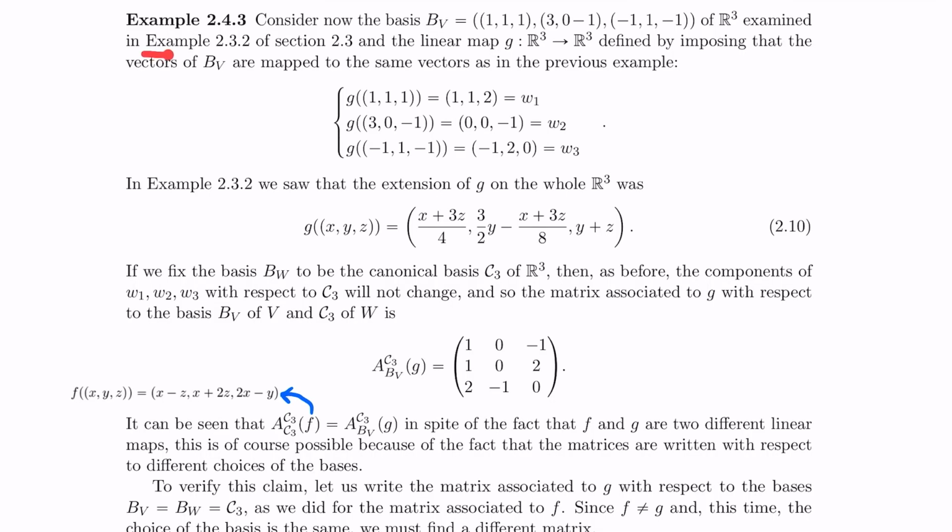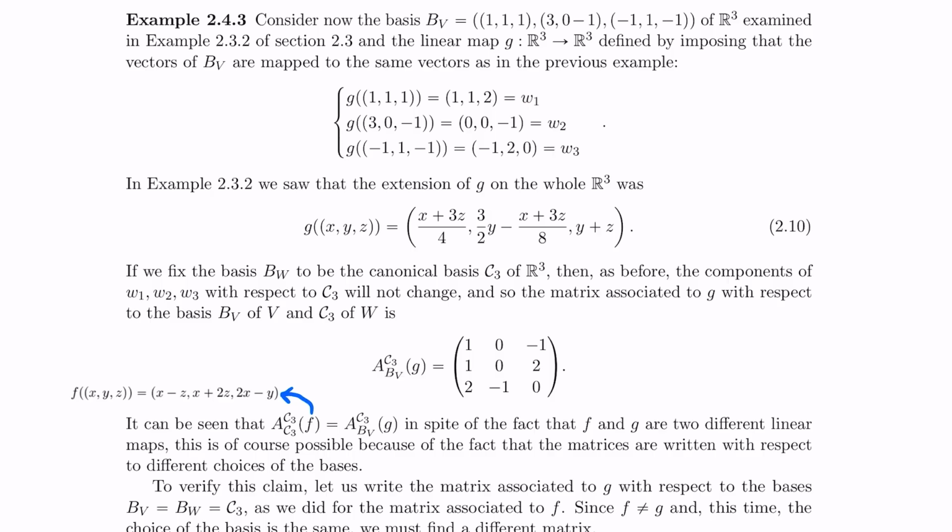In this example here, we have analyzed this linear map, which was defined by transforming the vectors of this basis of R3 into the same vectors W1, W2, and W3 that we have examined in the previous example.